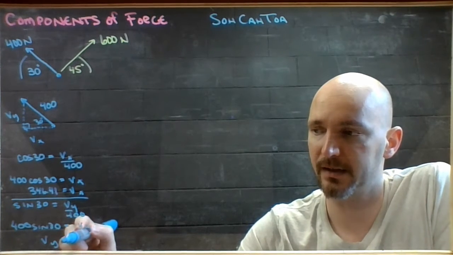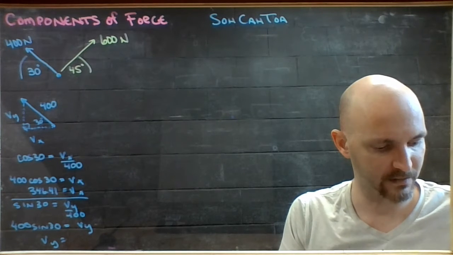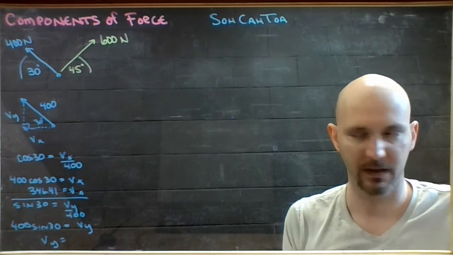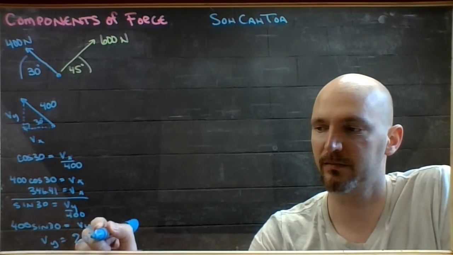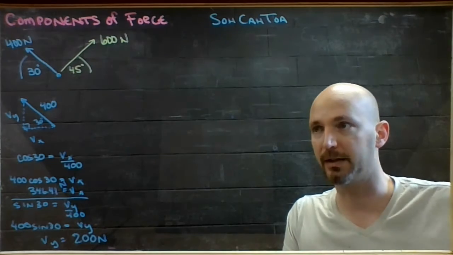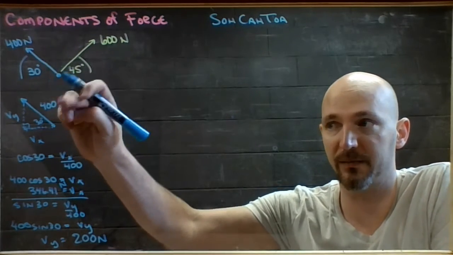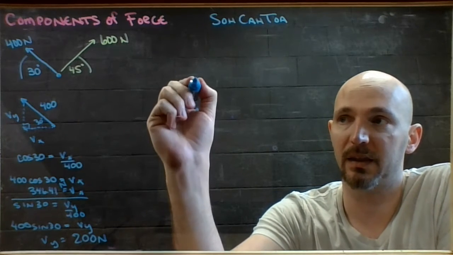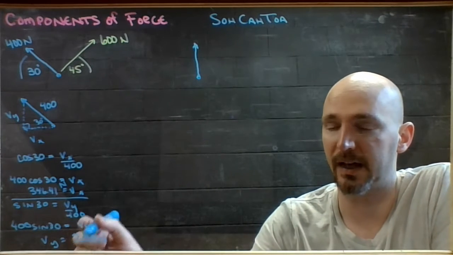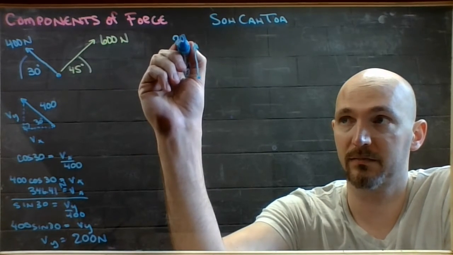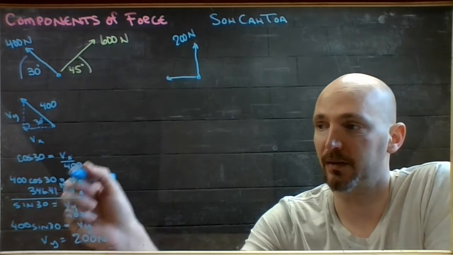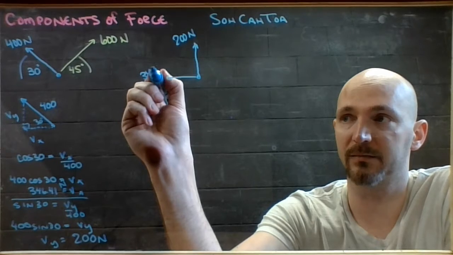So Vy is sine 30 times 400, which gives me 200 newtons. That's there. Okay, so this force here, this 400 newtons, is a pull upwards at 200 and a leftward pull of 346.41.